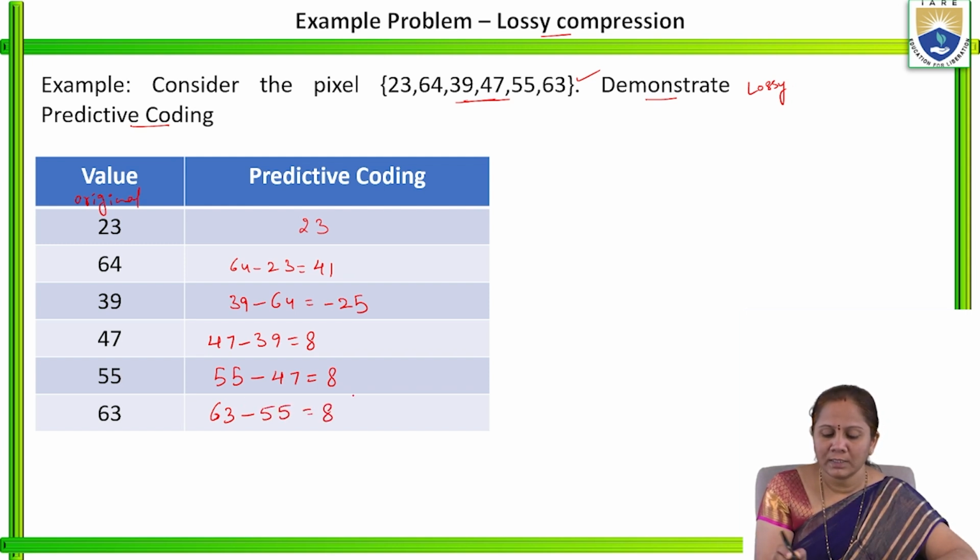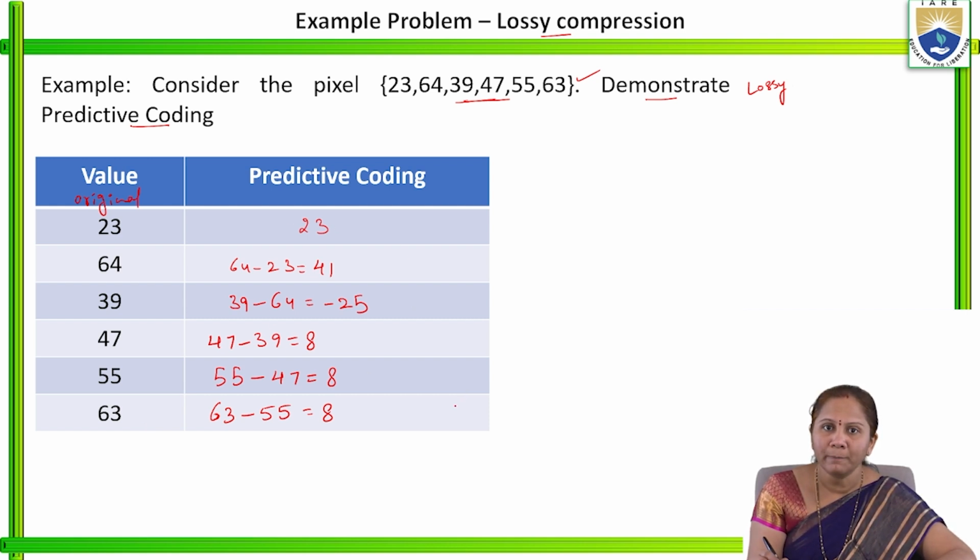So the result is 8. Now we should see what is the maximum value in the original given pixels and what is the maximum value in the predictive coding. After that, we should know how many bits are required to represent that particular pixel.